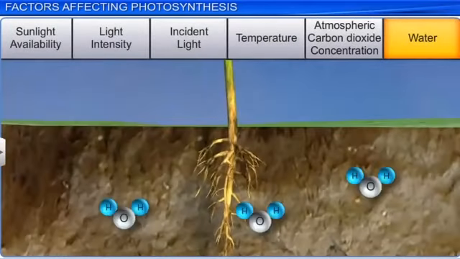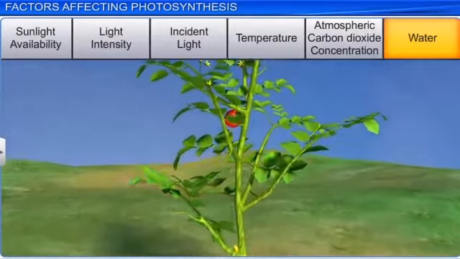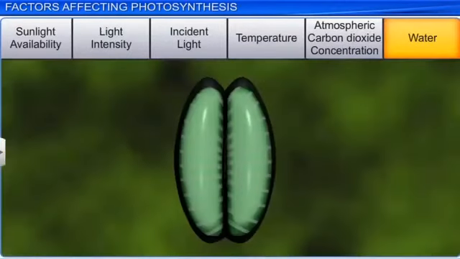Water is another factor that affects the photosynthetic rate of a plant. However, water is an indirect factor, as it affects the plant rather than photosynthesis itself. Water stress caused by lack of sufficient water forces the stomata to close, which automatically means less carbon dioxide for plants.